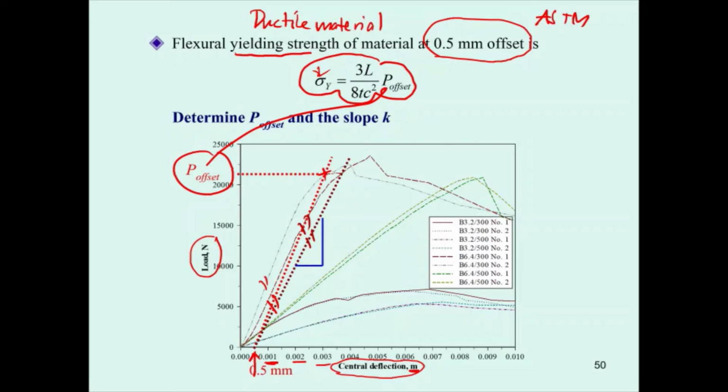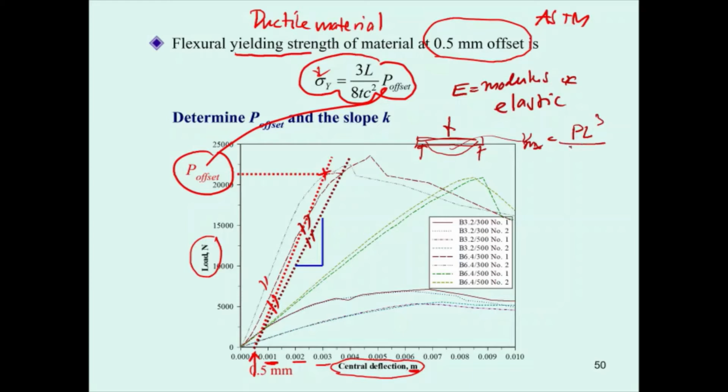Okay, next we can also determine E. What is E? We can determine the modulus of elasticity of the material of the beam via test. If we do the three-point loading test, under the application of the force the beam will deflect, and we have V max equal to PL cubed over 48EI.